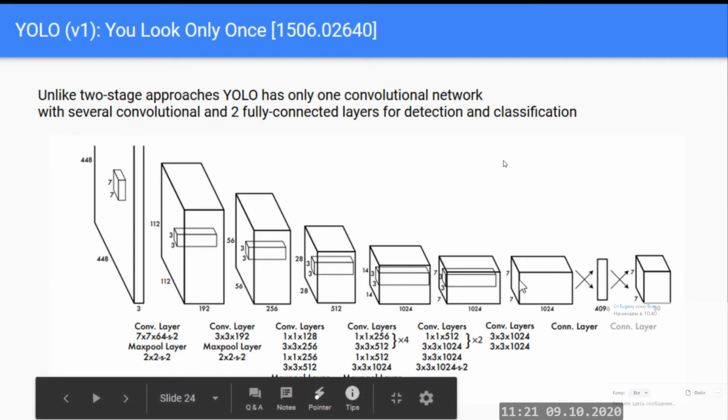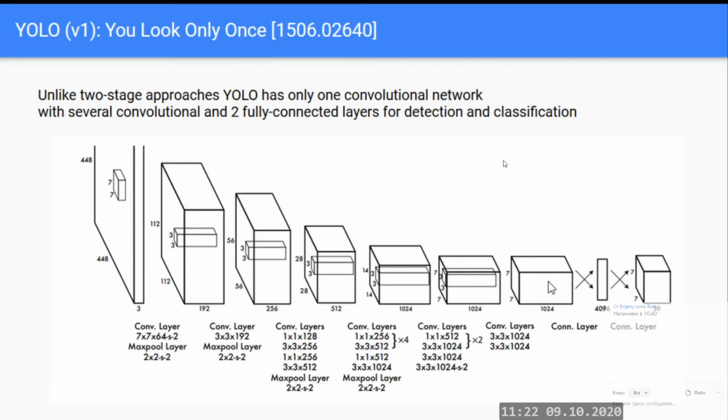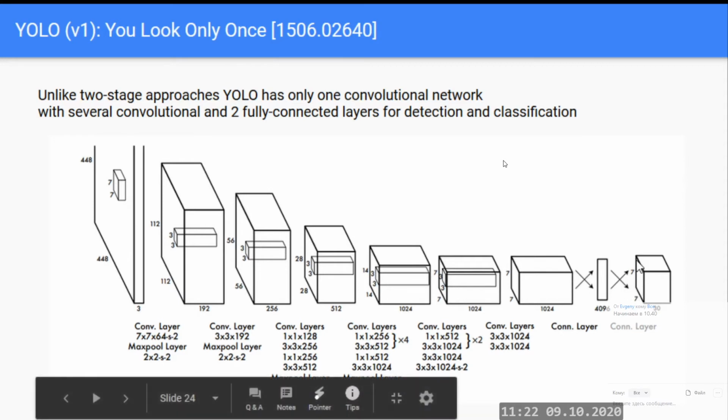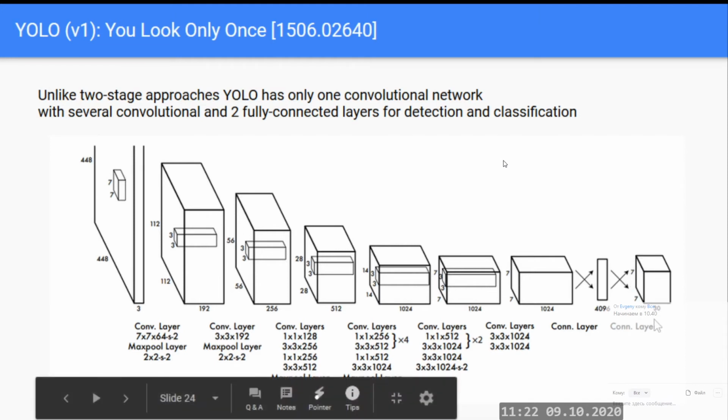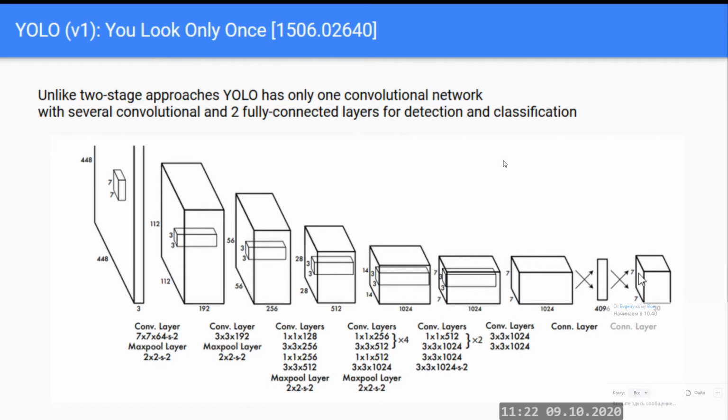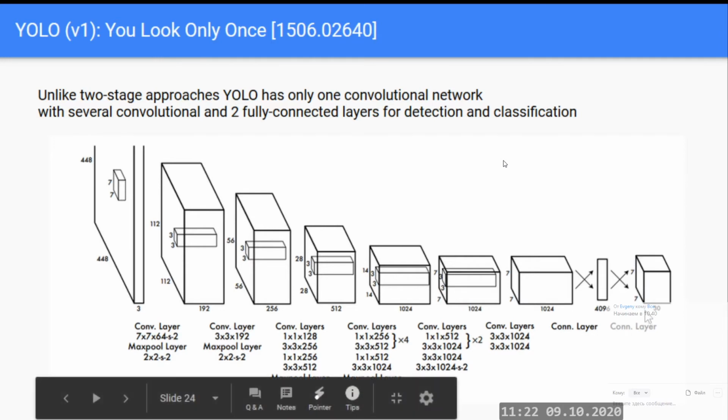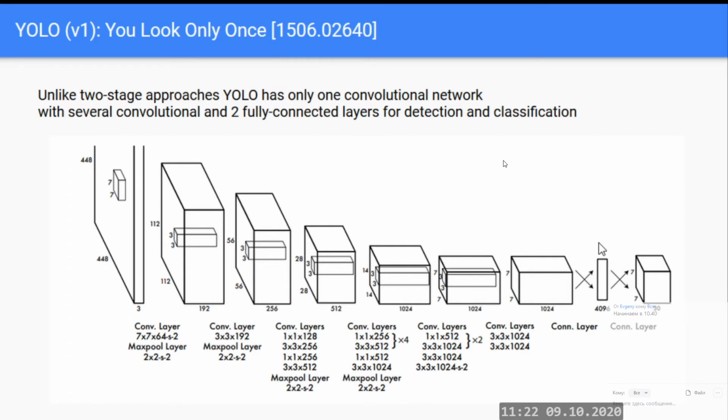Then we apply convolutional layers and fully connected layers again to leave only a 7 by 7 region with some predefined number of classes. We use this 7 by 7 grid output to find all the objects on the image, and we don't find any proposals on the original image.